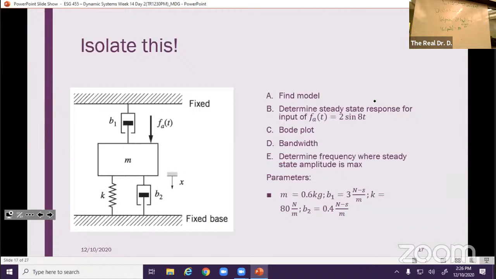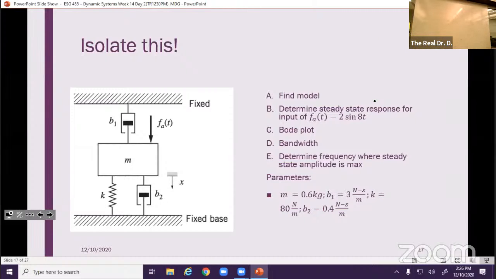So what do we need to do? We're going to run this tip to tail. We'll do it together. We want to find the model. In this case, since we're being asked about frequency response, that means find the transfer function. We want to determine the steady state response for a specific input force, 2 sine 8t.